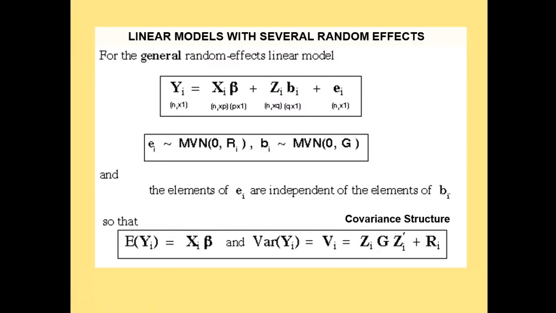Typically, when you run your program using Proc Mixed, you put in your variables and write the code that determines the R and G matrices. The computer works using this formula, and it gives you output with estimates of the correlation structure, given what you've specified, the estimates of the fixed effects, and, if you have random effects, estimates of the random effects.